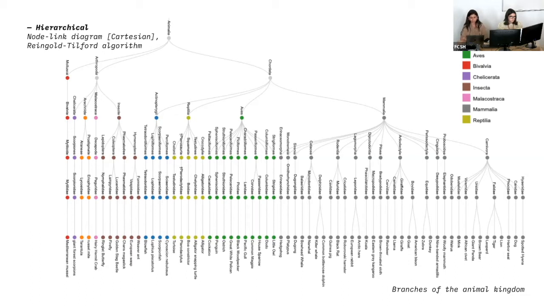This is a model that displays hierarchically structured data with a tree structure, where the nodes are represented with these dots, and the hierarchy in this case is represented vertically. And these are all the categories that we split into all the different kinds of nodes.